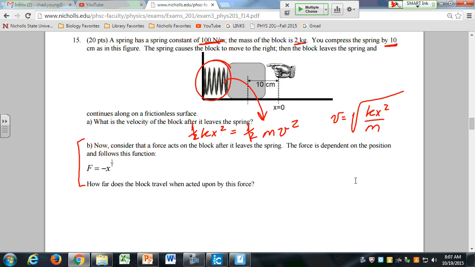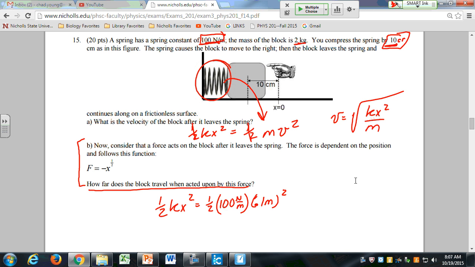And what I would do, if I want to know how far does it travel, well, I set the total energy of the block, which is 1/2 kx squared, this is a half of 100 times 0.1 squared. 100 is the spring constant. 0.1 meters squared, that's the amount that you've compressed at 10 centimeters, which is 0.1 meters.